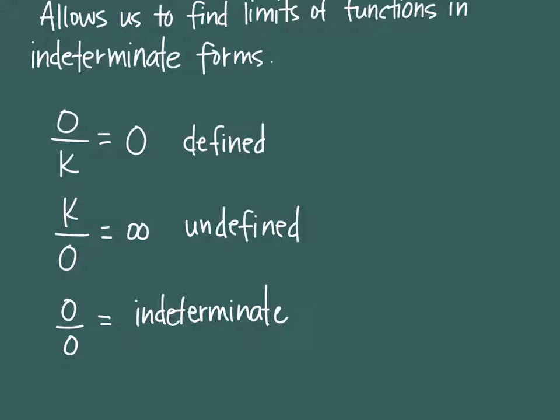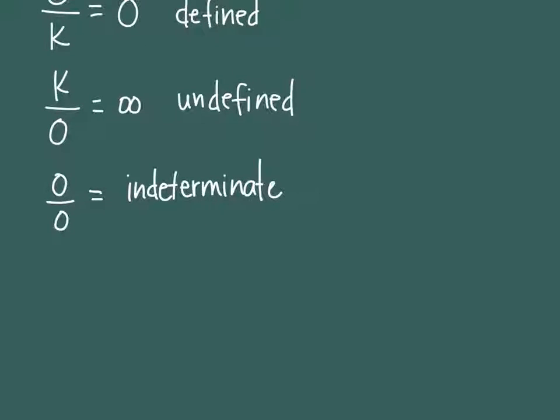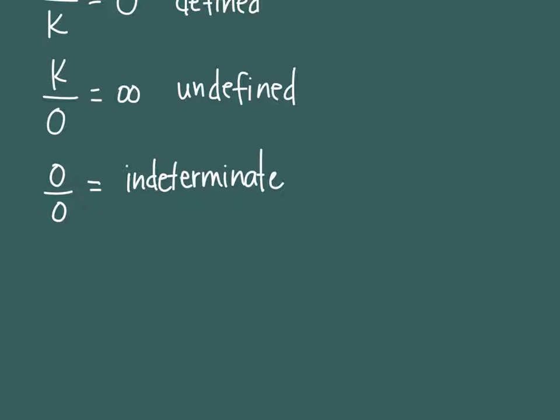Now there are other indeterminate forms as well. Does anybody remember any from last year? Okay, infinity divided by infinity is also indeterminate. Does anybody have another one? Infinity minus infinity. Okay, so these are things where the elementary school rule that they tell you doesn't work anymore.